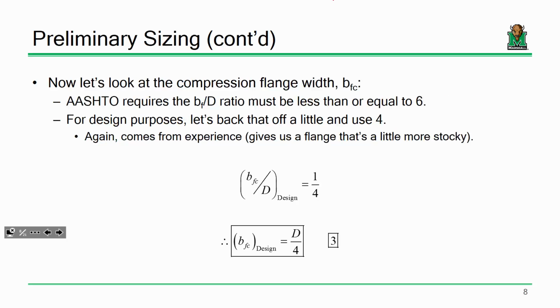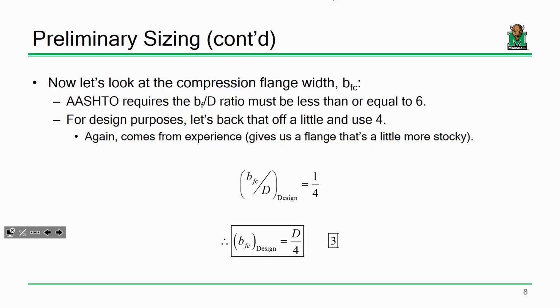Next, let's look at the flange width. AASHTO requires that b_f over D has to be less than or equal to 1 over 6, I guess is what that should say. But you're talking about a really tiny flange when you look at those numbers.